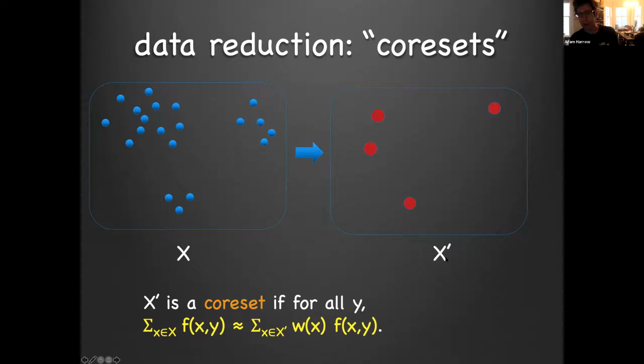Or I should maybe have written X prime comma W, because I also need a set of weights that go along with it. And we say X prime is a coreset if for all models Y, the true log likelihood on the left is approximated by the approximate log likelihood we get from just looking at the coreset, just summing over the points in X prime.